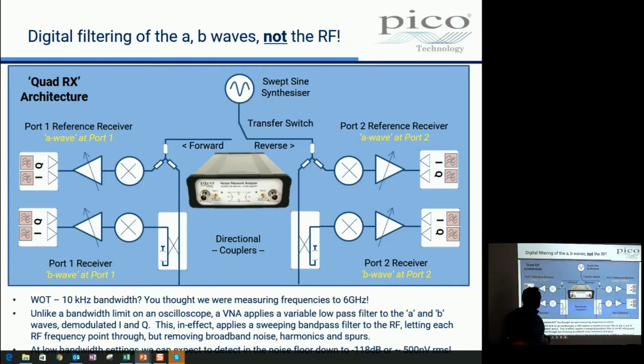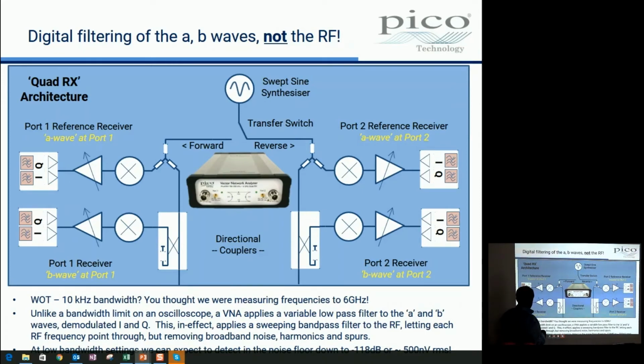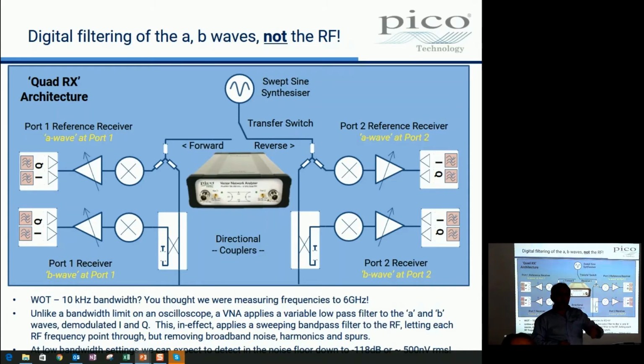So when we apply our filter, we do it not to any of these frequencies, but remember, a network analyzer is constantly calculating, say, amplitude of the vector, say, phase.